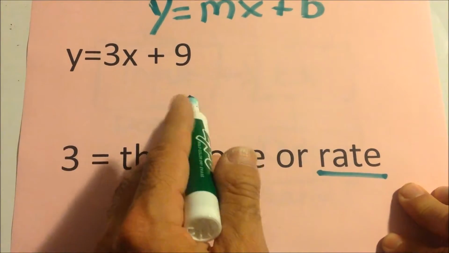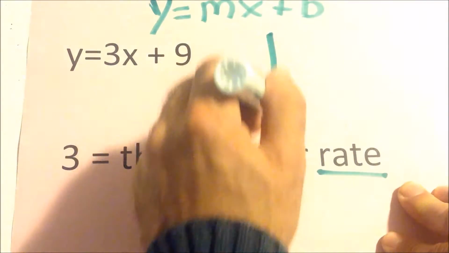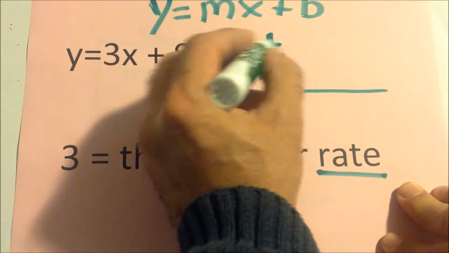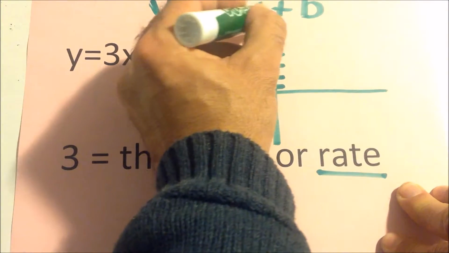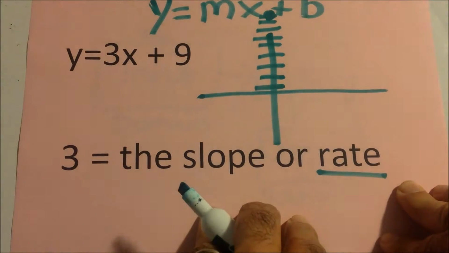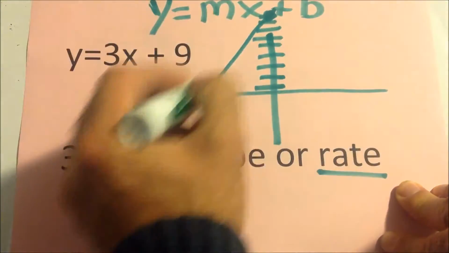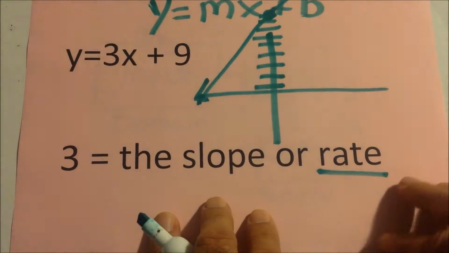The 9 is the y-intercept. If we made a rough draft, the line is crossing 1, 2, 3, 4, 5, 6, 7, 8. We'll just say that's 9. The line is crossing at the 9, positive. We know it's positive, so this line is going up. That was just a rough draft on that.